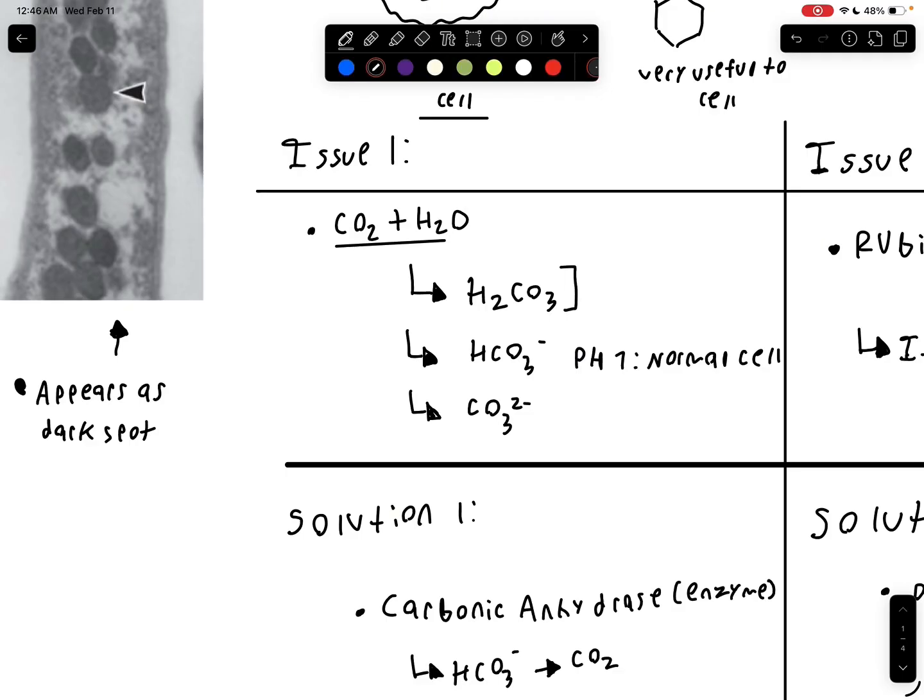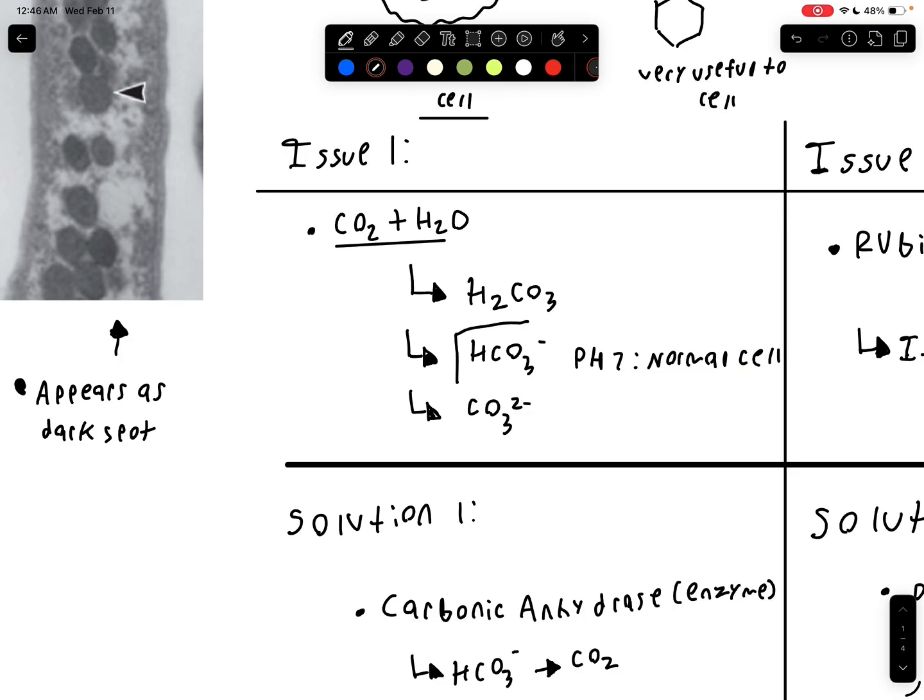You can have H2CO3. You can get HCO3 minus or CO3 2 minus. So this is basically just saying carbon dioxide plus water forms one of these three things. Now, the reason it can be three things has to do with the pH of the water. And the pH of a normal cell is about 7.